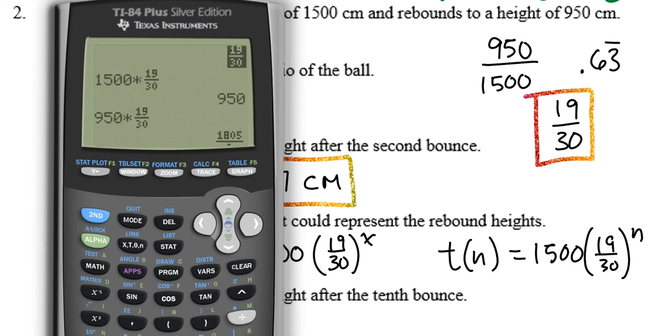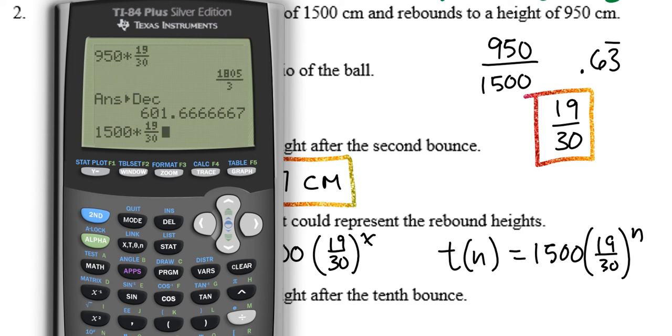I forgot where it's at. Here it is. And then I'm just going to raise that to the power of 10. So you can see here it's just 1500 times 19/30ths to the 10th power.